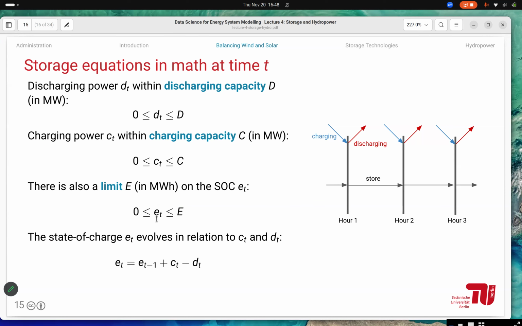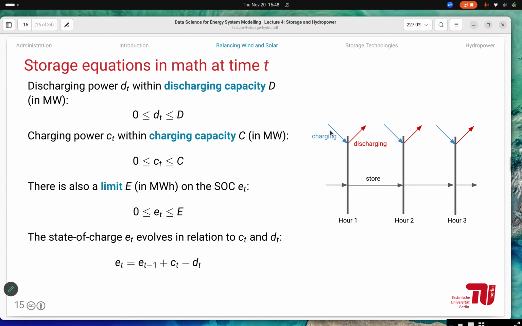And then we also have a variable to keep track of the state of charge, the energy level, ET, of the storage, that is also limited by a limit. If we look at how the state of charge ET evolves over time, we always look at what the state of charge was in the previous period.